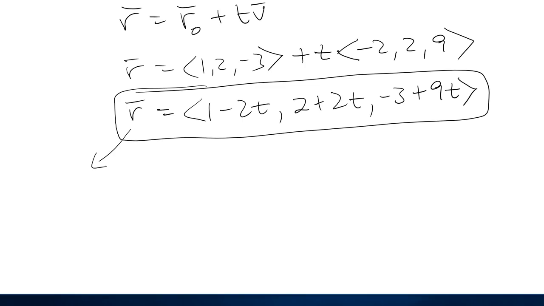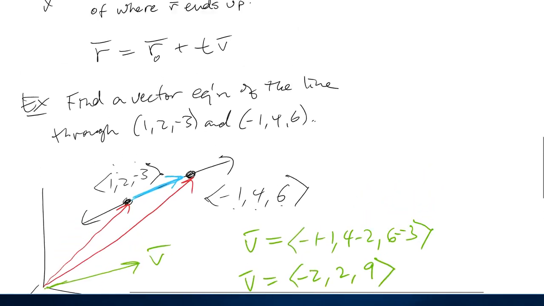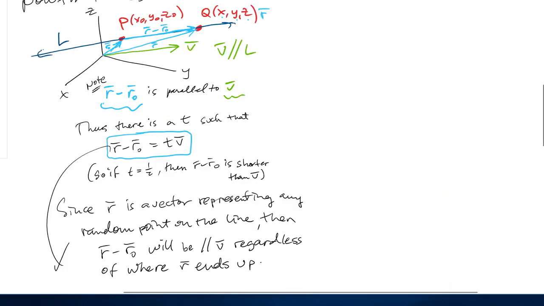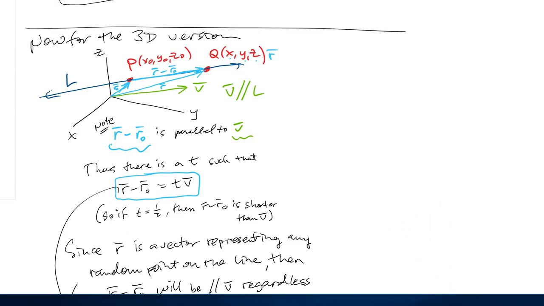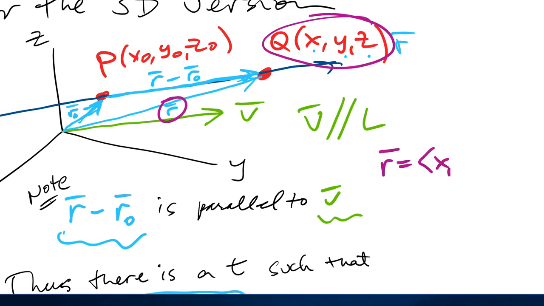So r, remember though, so that's our answer. R, remember though, was the point x, y, z. See how r ended up at x, y, z? So you can write r as x, y, z, like that, like we did.